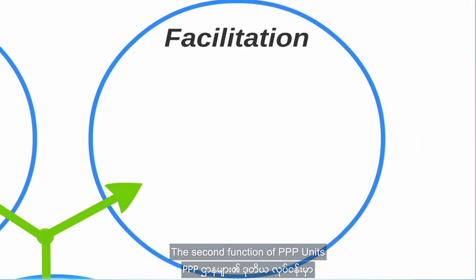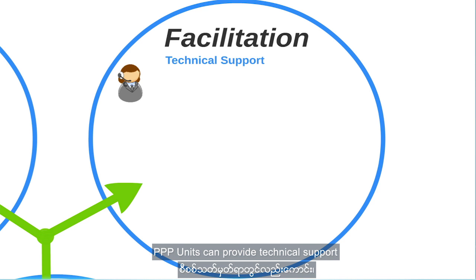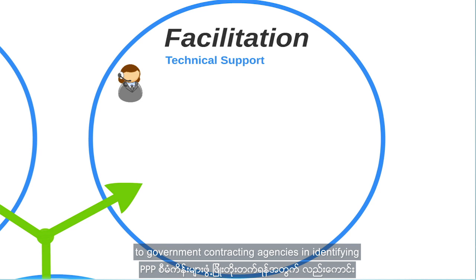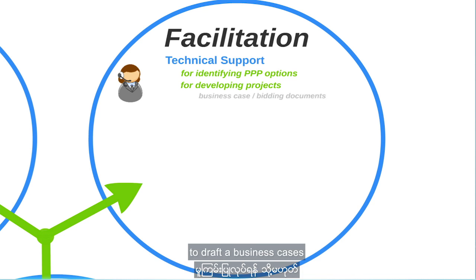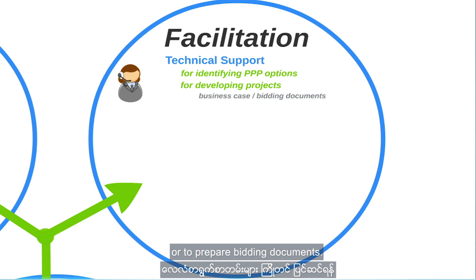The second function of PPP units is the facilitation of PPP projects. PPP units can provide technical support to government contracting agencies in identifying PPP opportunities and for developing PPP projects. For example, to draft a business case or to prepare bidding documents.